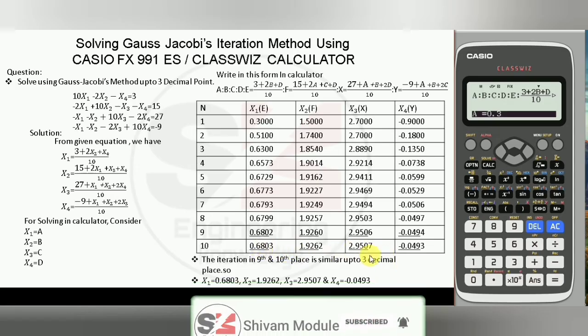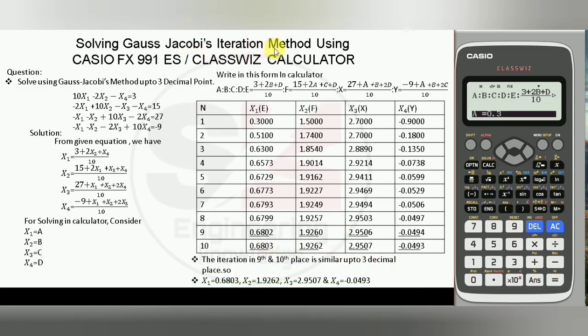So in this way you can solve Gauss-Jacobi's iteration method by writing in this form in the calculator, and we have to put the previous values in the next iteration, and for the start, we just put 0 for all the variables, and after that we put the previous values in this equation.